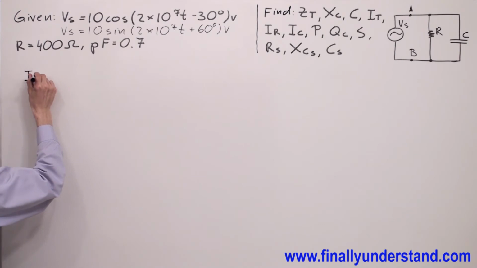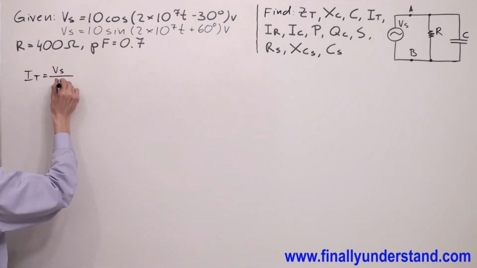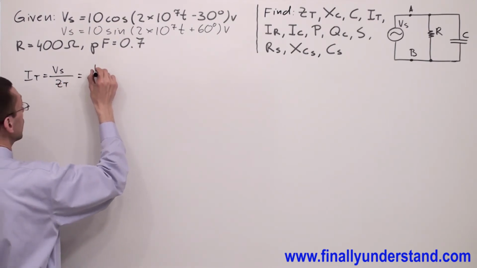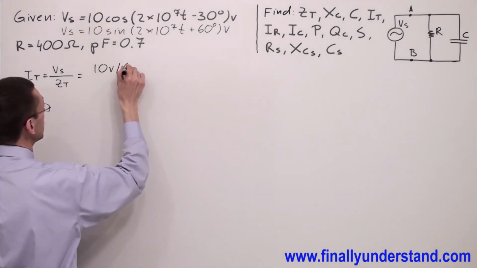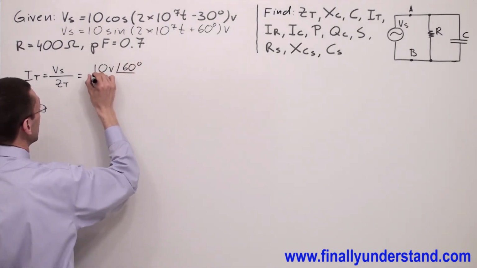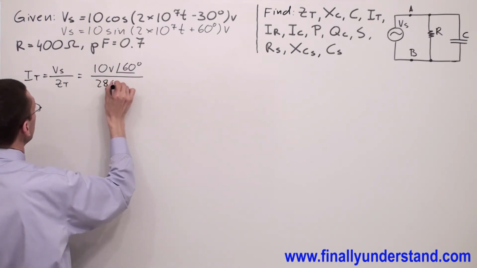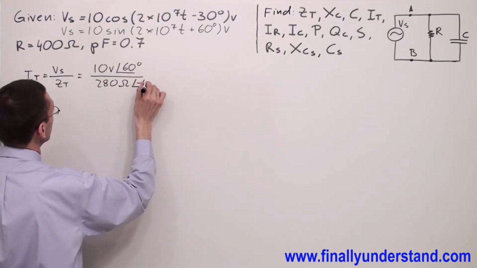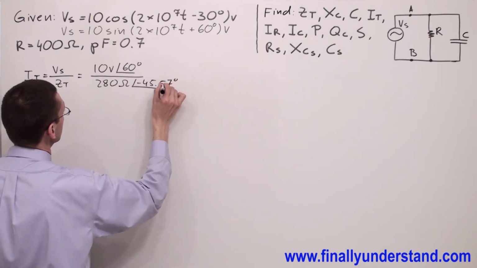I total is equal voltage source over Z total, where voltage source is equal 10 volts and angle of 60 degrees over Z total, which is equal 280 ohms and angle of negative 45.57 degrees.